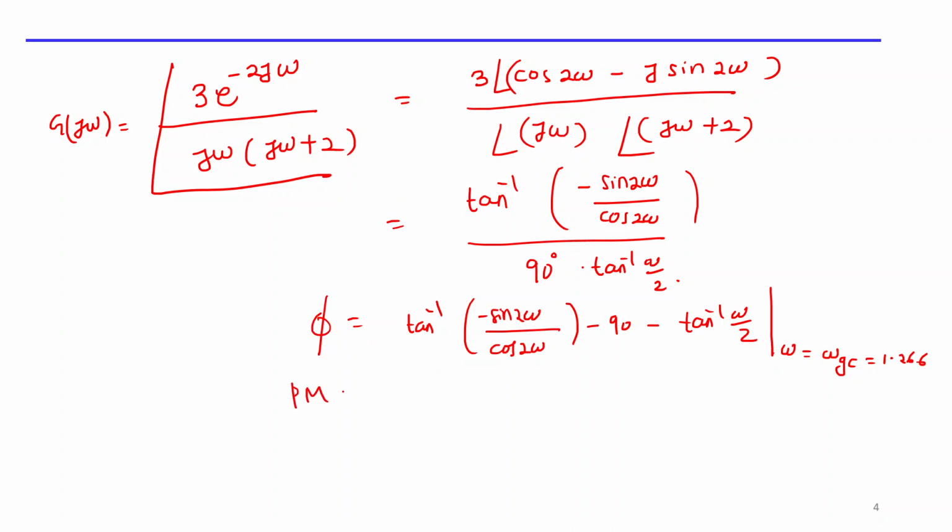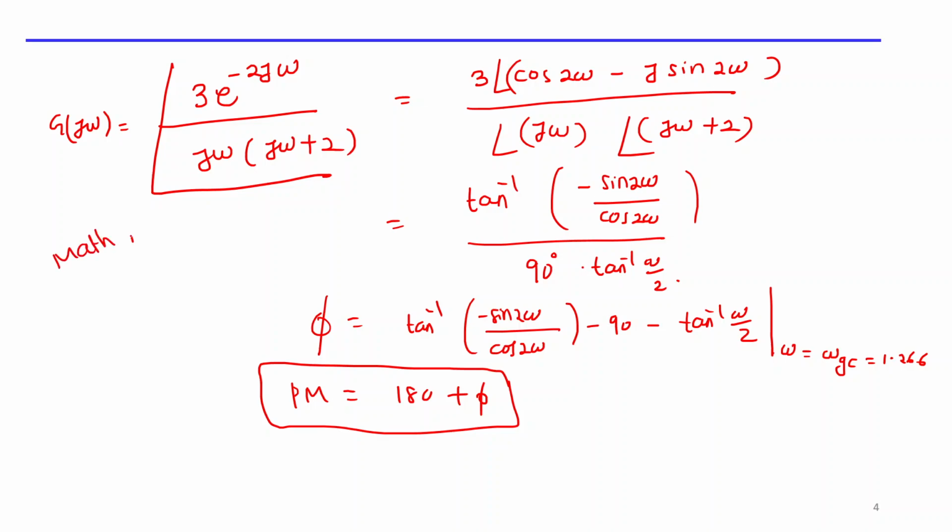For the phase margin, you do 180 plus phi. This is the phase margin. I'm not calculating it because the calculation will be a little lengthy, and you have to use the calculator for solving this. The simplest way to calculate this in the calculator is to go to the math mode.